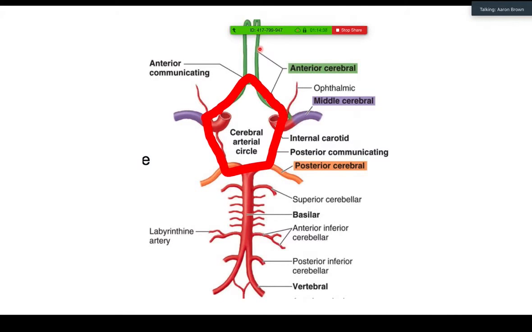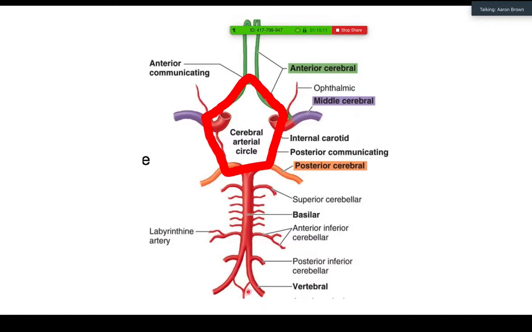A stroke here means we would lose motor and sensation to our legs, versus in our middle cerebral we would lose more motor and sensation to our arms and our face, and all the stuff we talked about before with strokes. We also have the ophthalmic artery, which is pretty important for being able to see. Last is our anterior communicating artery, which we said is the most common location for a berry aneurysm, right in this area. Okay, so this is our circle of Willis.